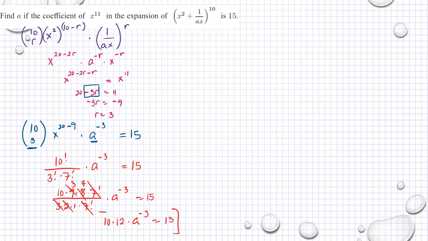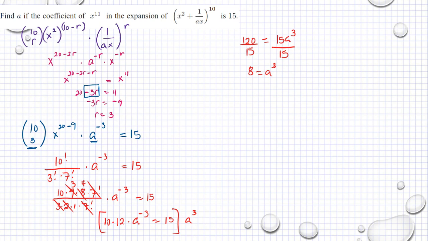But I don't want the exponent negative 3, so I will multiply by a raised to 3. So we have 120 is equal to 15 a raised to 3. If we divide both sides of the equation by 15, we have 120 divided by 15, which is 8, and then a raised to 3.